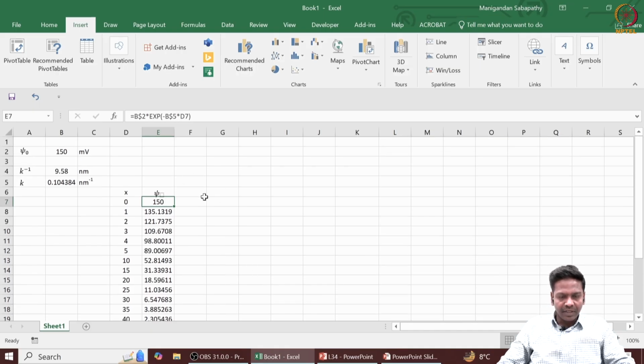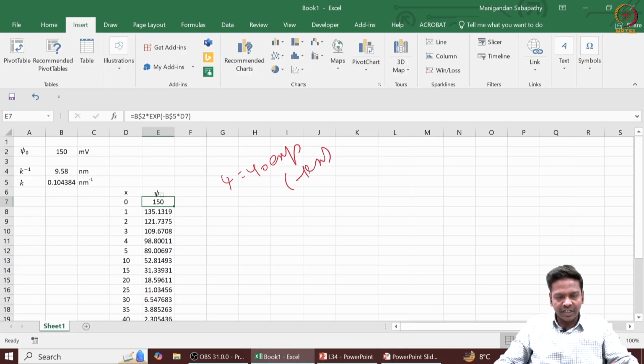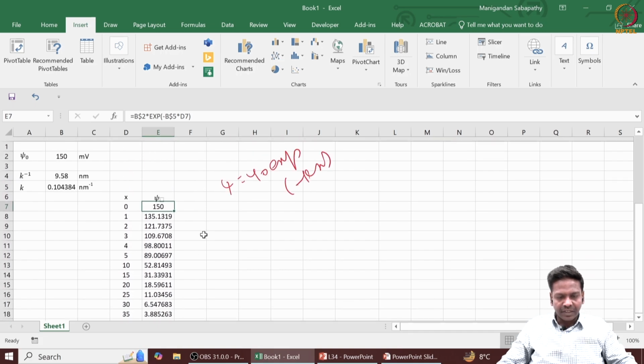We have incorporated this formula here for you. This is psi as a function of psi naught: psi is going to be psi naught exponential minus kx. That is what we expressed here. All right. So when you do this calculation for different x, you get this psi.